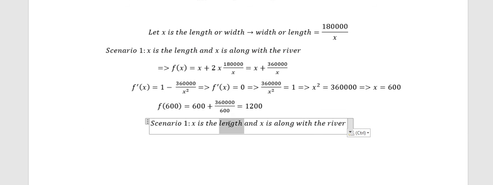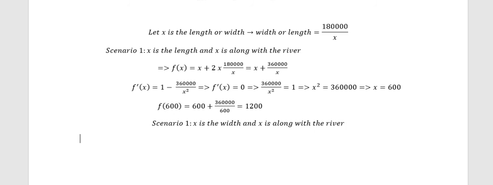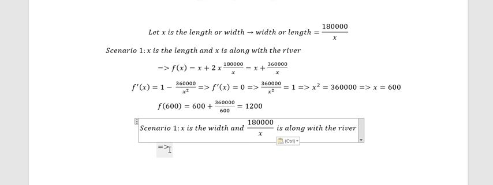Now the next one, scenario number 2: S is the width and S is along the river. Because S is the width and S is along the river, no, wrong, this one should be the river.